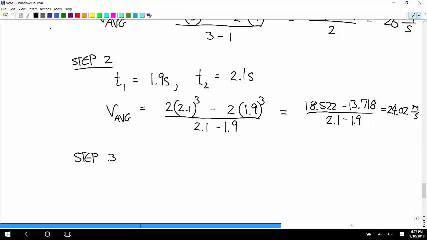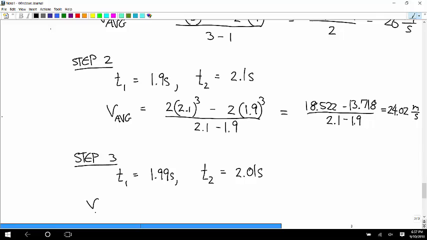This is the last one I'm going to do. We have to pinch a little closer. So now I'm going to say T1 is equal to 1.99 seconds. T2 is equal to 2.01 seconds.